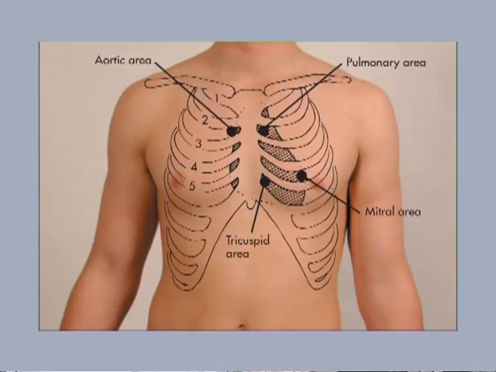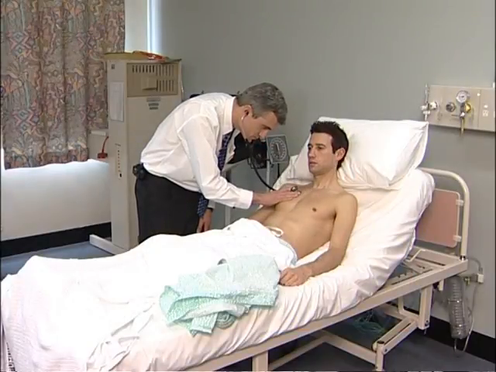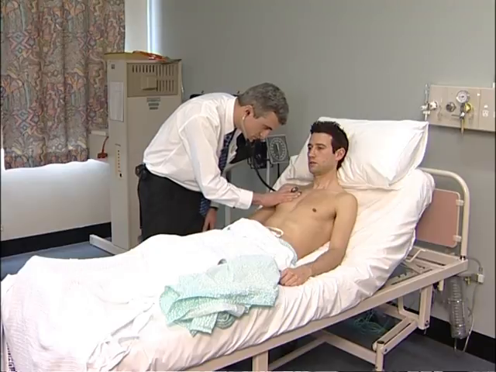If there is a systolic murmur, listen over the carotids to find out if it is conducted there or if there is a carotid bruit present.